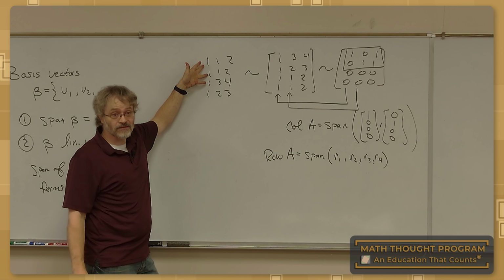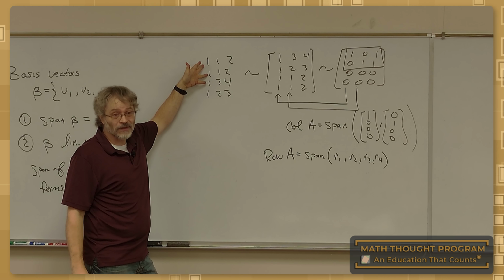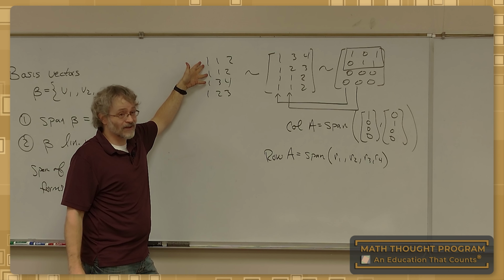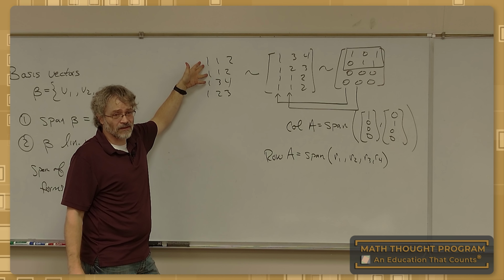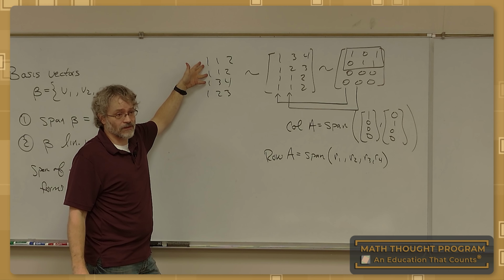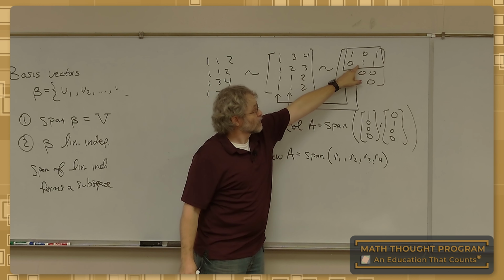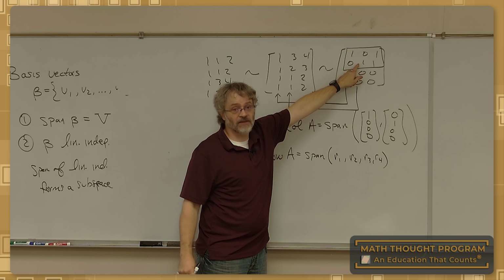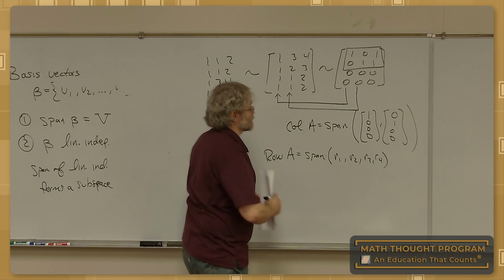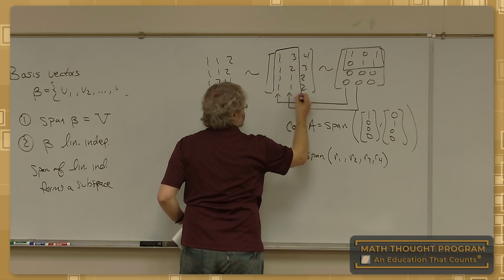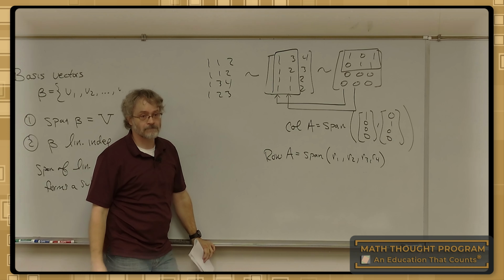Are they basis vectors? Are they linearly independent? Not even close. They're dependent vectors. So to find the basis for the row space, look over here. If you want to find a basis for the column space, go back to the original matrix.